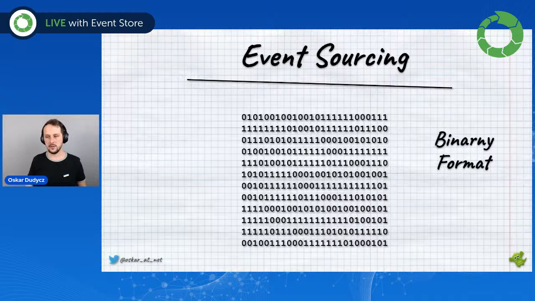But if we have dedicated storage that was designed to just store events, then we can have more optimization, like a binary format, which can take much less data than raw JSON, etc.